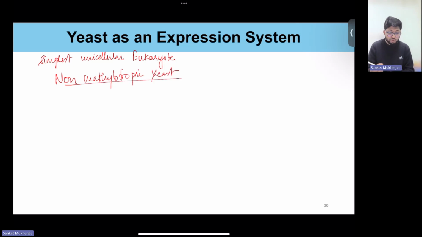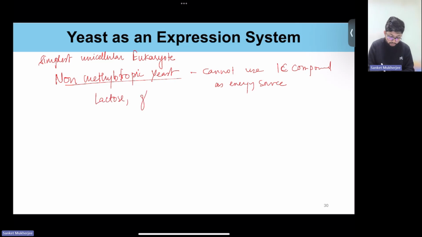They cannot use one carbon compounds as an energy source. They usually require either lactose or glucose, which have more than one carbon, like 6 carbon groups, maltose, starch, complex carbon sources.